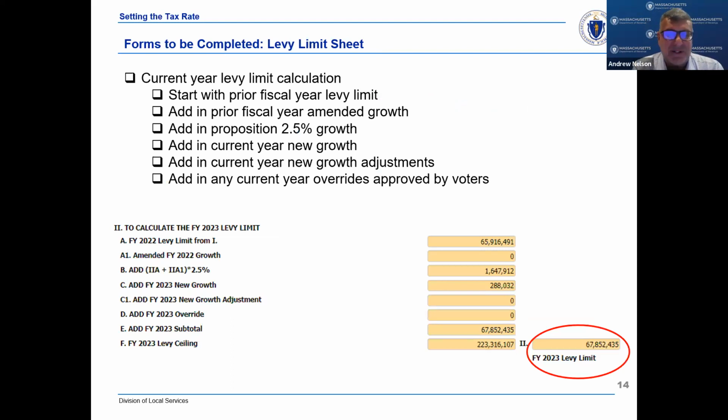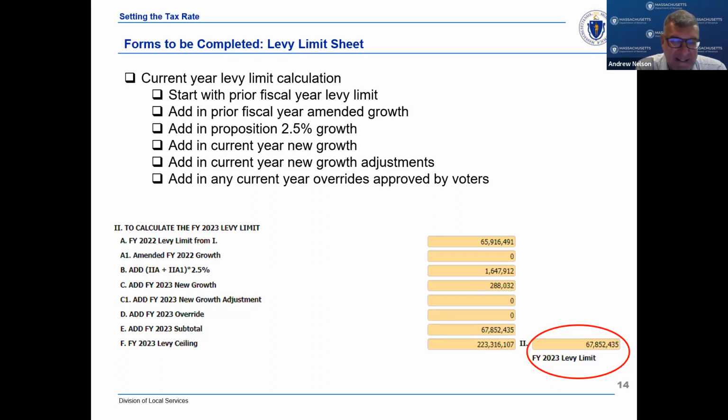So this is the middle section of the levy limit worksheet. This is where we calculate this year's levy limit for the most part. We carry through that number I mentioned, last year's levy, at the start there. That's line A. We're going to add in any changes during the year that were done by BLA. You get your 2.5% through Proposition 2.5, your new growth, which just came from that LA13. If you had an override, this is where it would be added in.